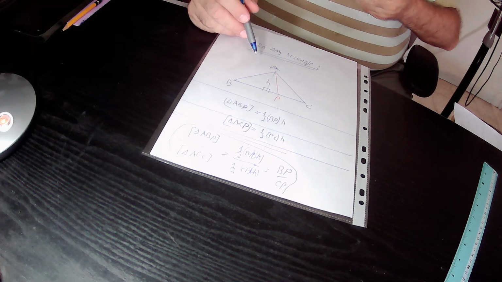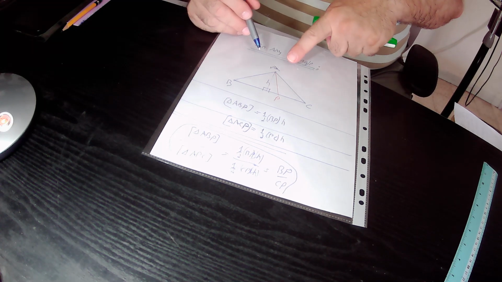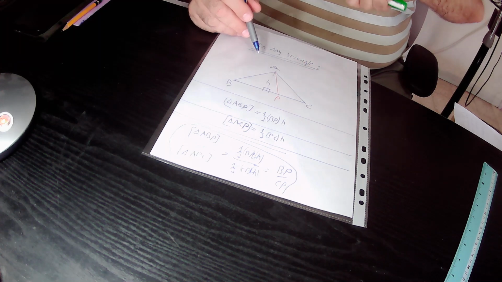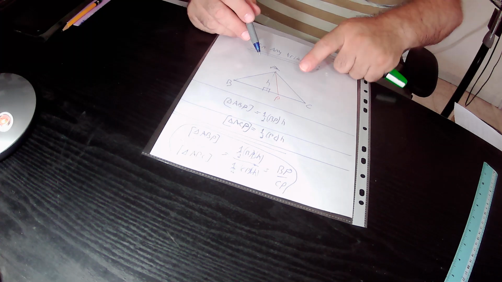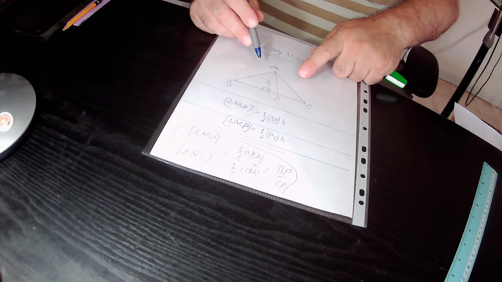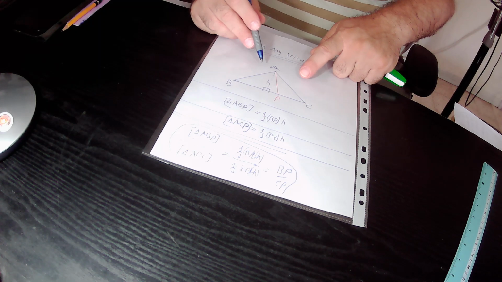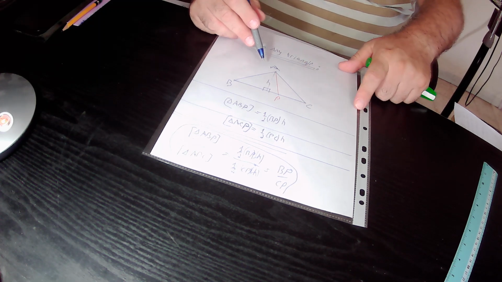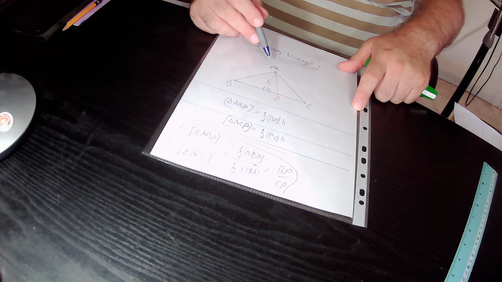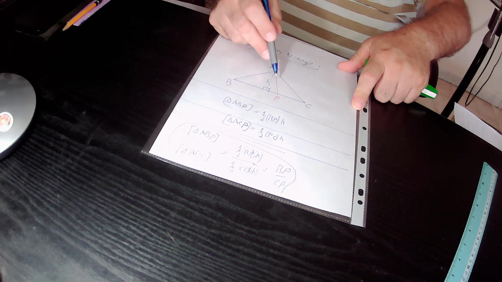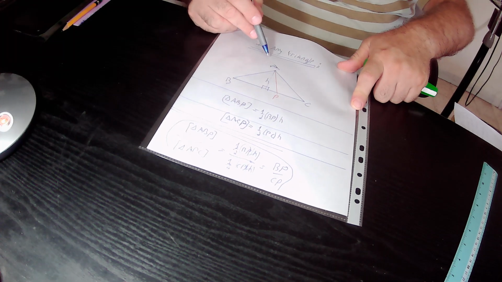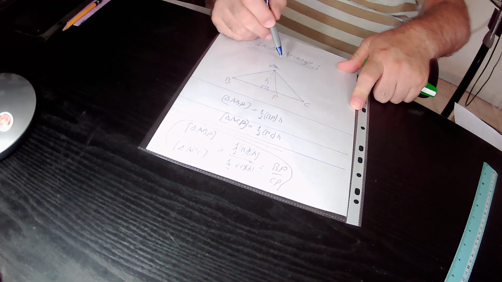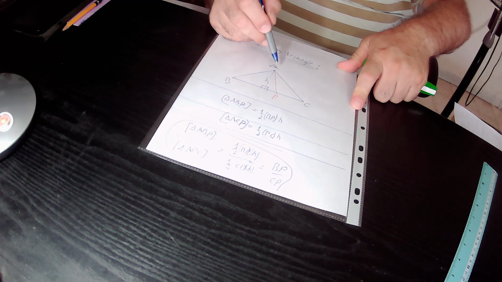So if we draw the red line OP on BC, we divide this triangle ABC into 2 smaller triangles. The first small triangle is ABP and the second small triangle is triangle APC.